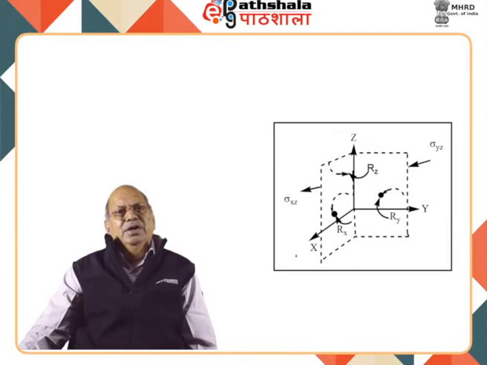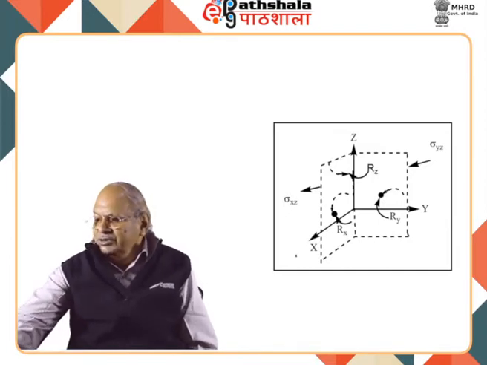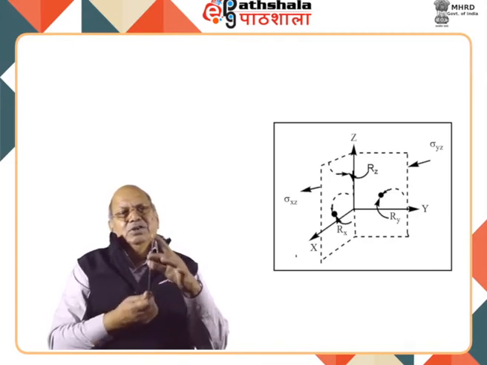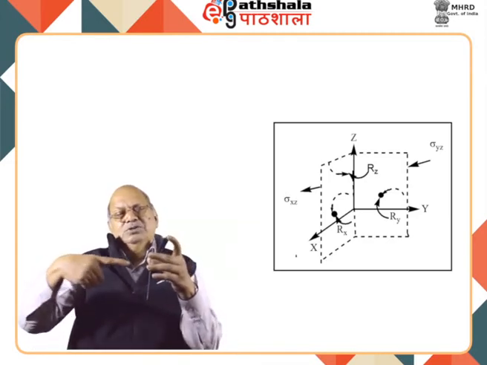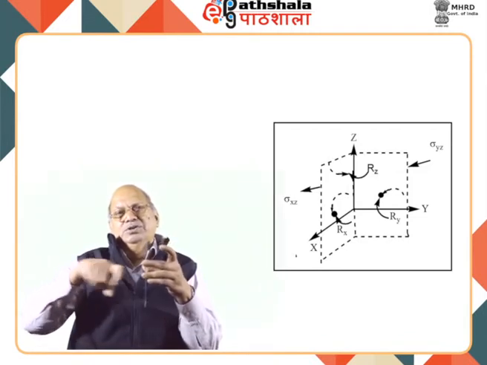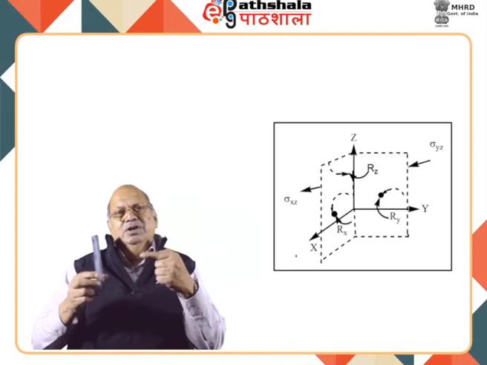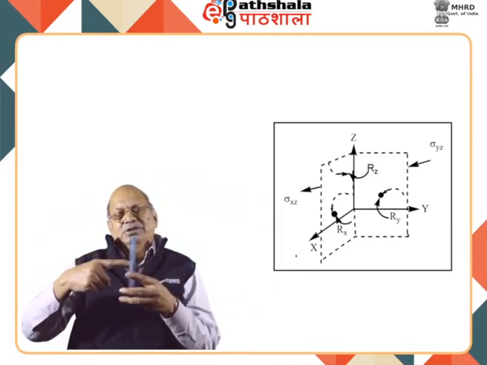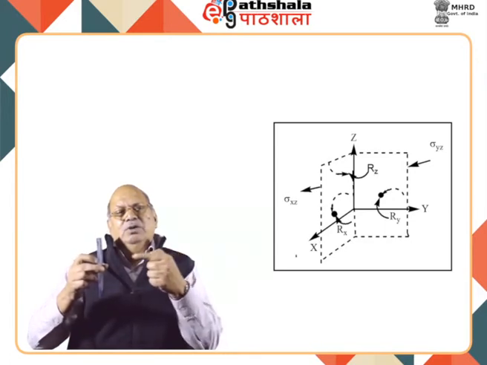These effects are shown in the diagram. Let me explain one of these. Say this is the mirror plane, I am taking this as sigma xz. If my arrow strikes over here, in the mirror it will look as if the arrow is coming out of this. In the mirror the arrow will look like this. Here the arrow strikes like this, and in the mirror it will look like this.